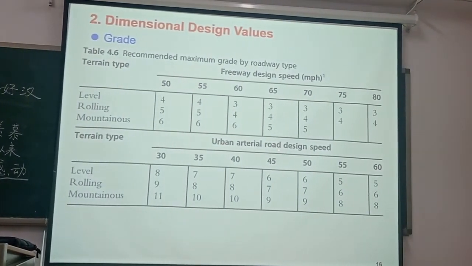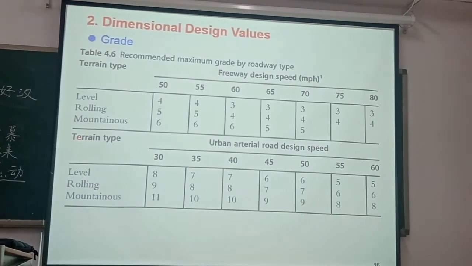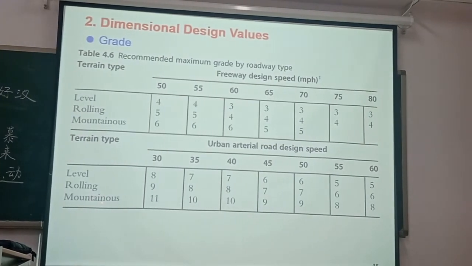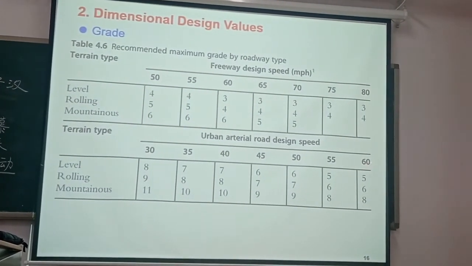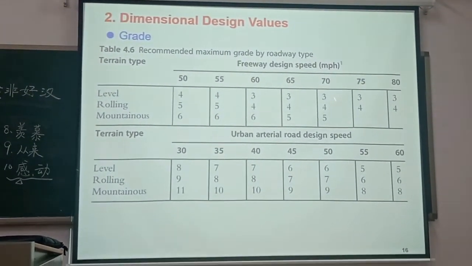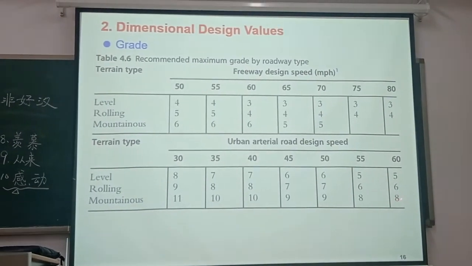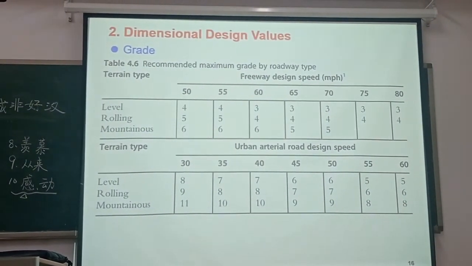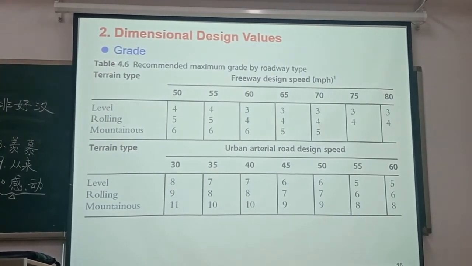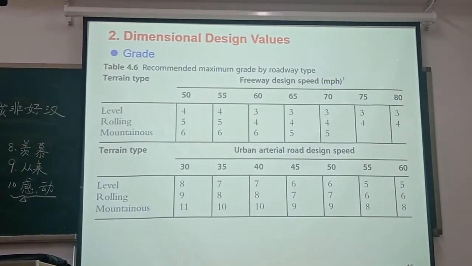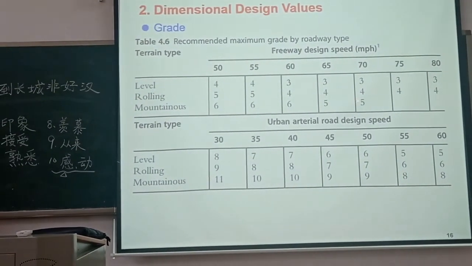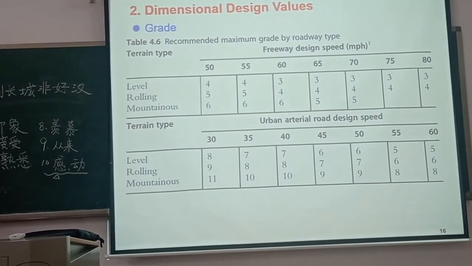For urban arterial road design speed, the terrain type is 3 for level, but for mountains, 60 mph, the grade is 8. So from this table, we know that for different types of terrain, the grade is different for different design speeds.